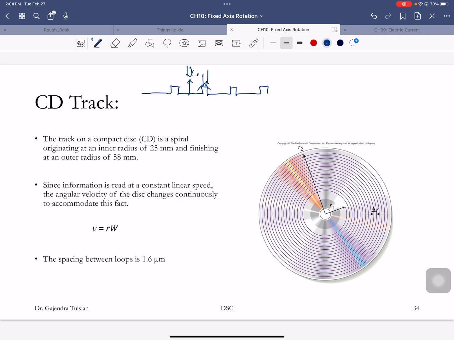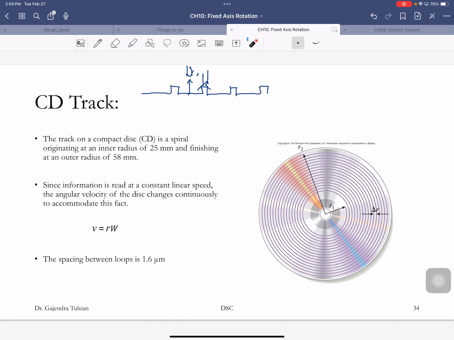Now the laser is standing there, and the line has to go under the laser. When the laser is here, the line is traveling under the laser. Now this line has to travel at a constant rate.